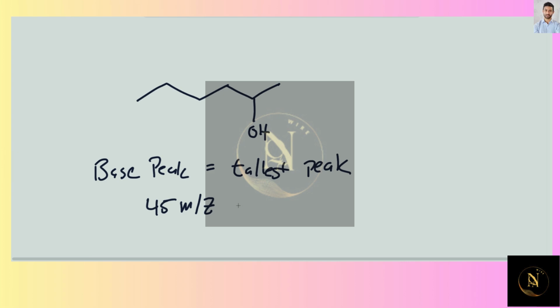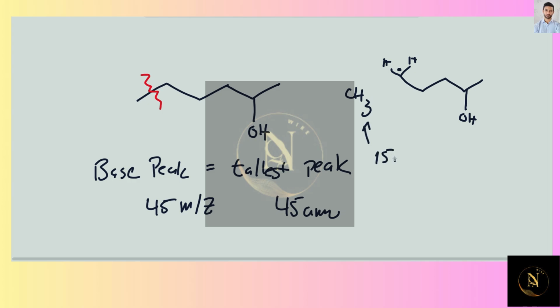This is like saying that we have 45 AMU to work with, atomic mass units, right? If we were to split this molecule, split that bond such that we had CH3 and a radical CH2 here, this would show up as a peak at 15 m over z, because that's 12 for the carbon plus 3 times 1 each for the hydrogen equals 15, right?